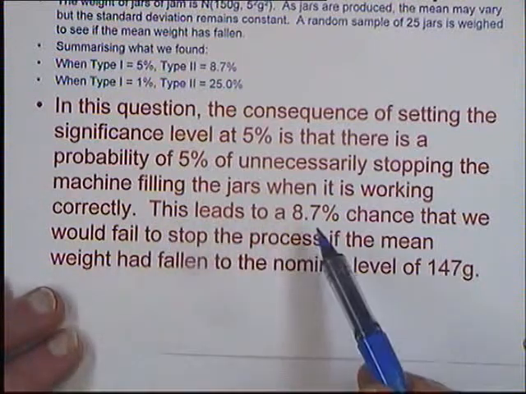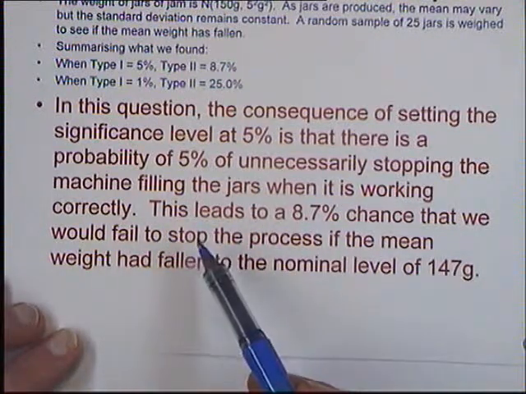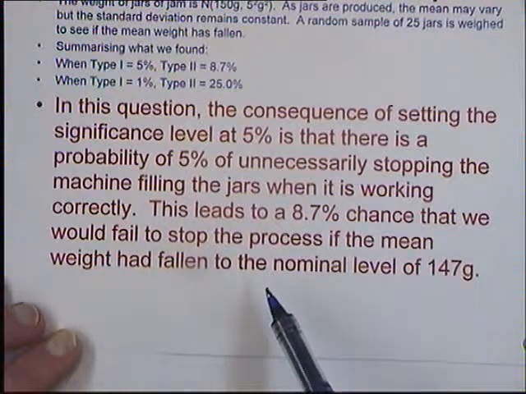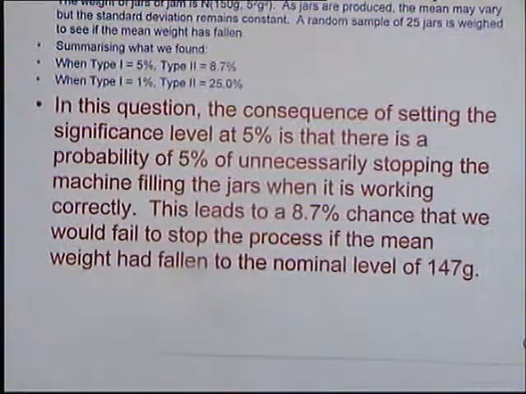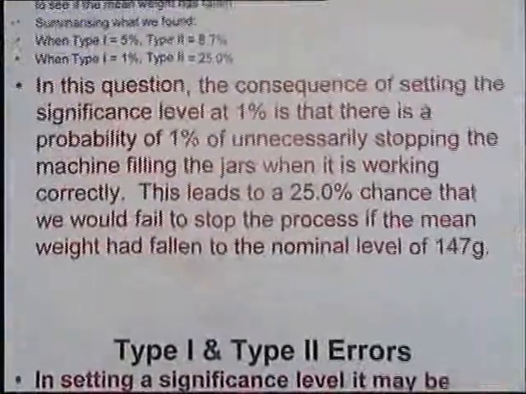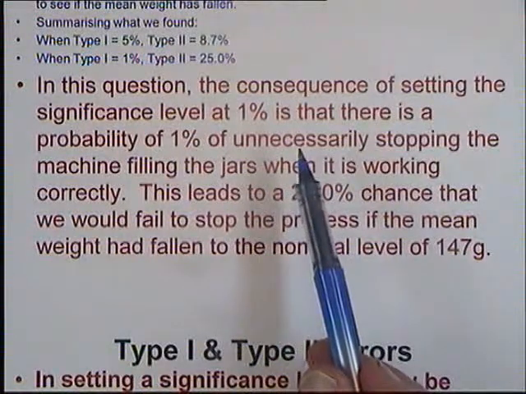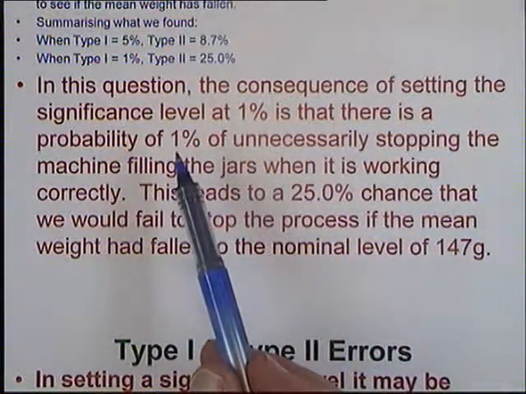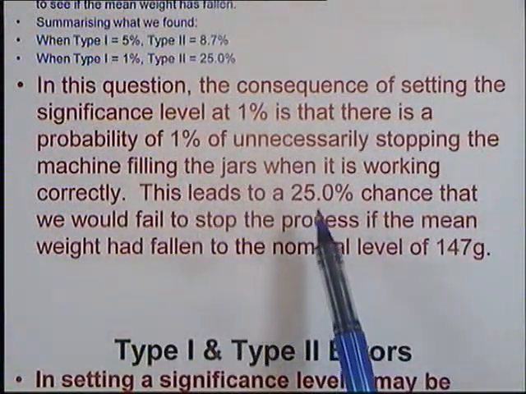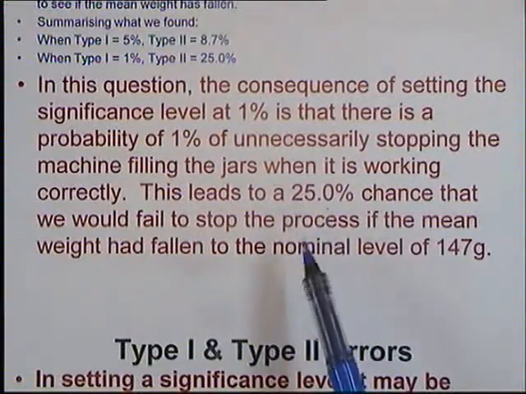That led to an 8.7% chance that we would fail to stop the process if there really was something wrong. That was at the 5% level. It became more extreme at the 1% level. At 1%, we would unnecessarily stop the machine 1% of the time, but there's a 25% chance that we would fail to stop it if something went wrong.